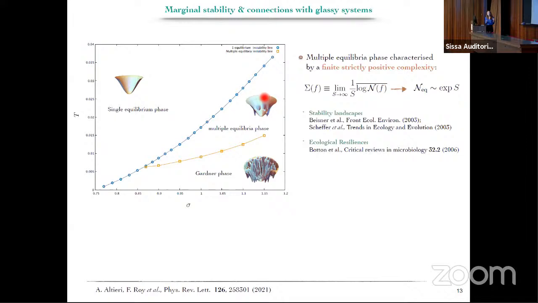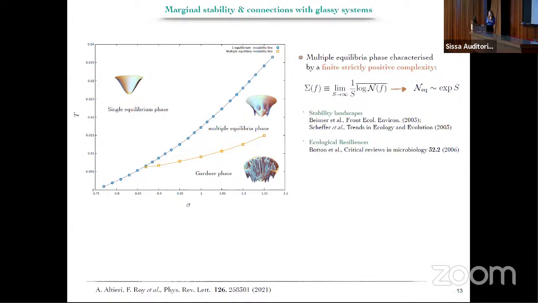That corresponds to the limit, the thermodynamic limit, so for S going to infinity, of the log of the number of equilibria at the given free energy density, and obviously averaged over the quenched disorder. So I plot basically the curves of this complexity at different t-values in this intermediate phase, and I discovered that this complexity is strictly positive in this intermediate phase. That, if you look at this formula, means that the number of equilibria is actually exponential in the system size, in the number of species.